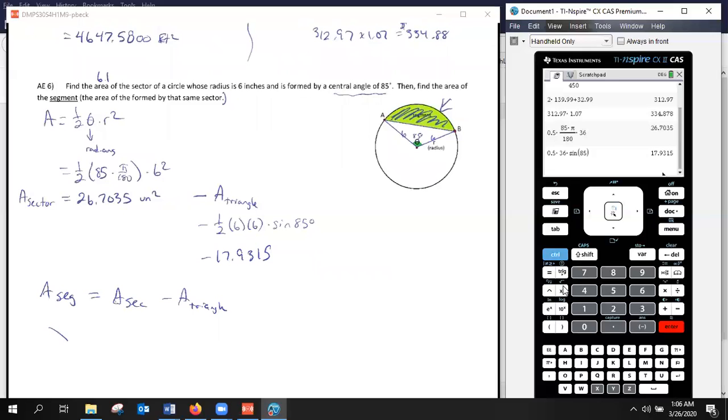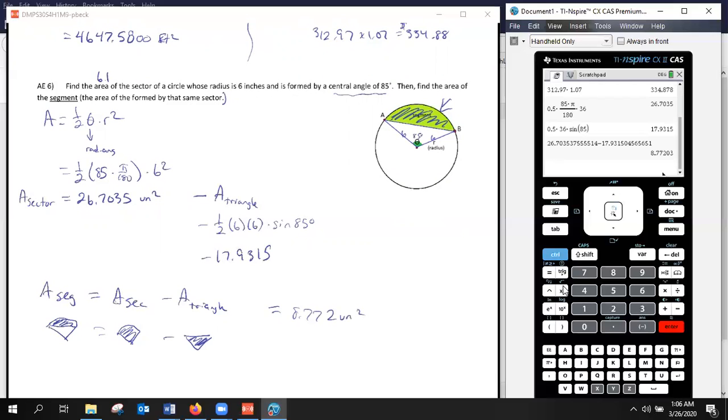Geometrically, the area of the segment, which would be this portion, is going to equal the area of the sector, which would be the whole ice cream cone, minus the area of the triangle. Let's throw that into the calculator. The area of the sector minus the area of the triangle, and our area of our segment is 8.772 square units.